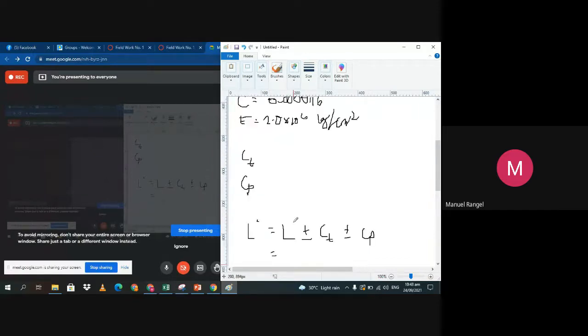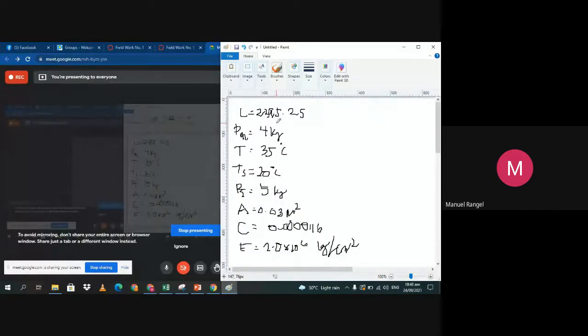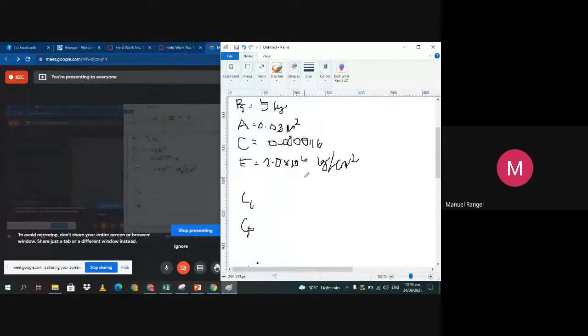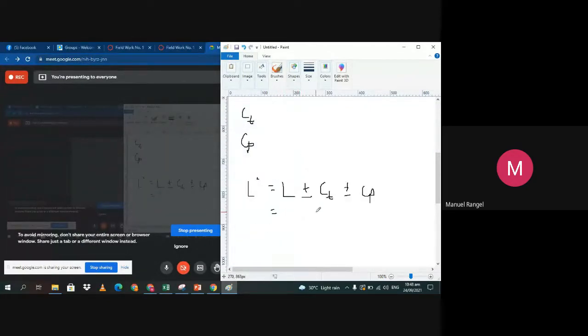So what is the value of L is 2,395.25 meters plus, since positive man tong nakuha na value sa correction due to temperature, that is 0.417. Then katong sa due to tension is negative 0.0399.